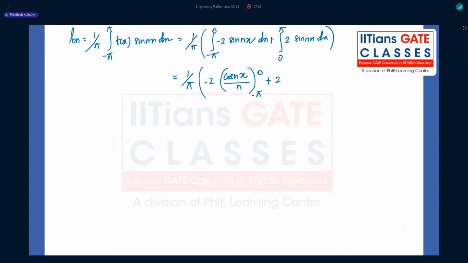Integration of sine is minus cos. So here in the first term we have to make it plus 2 cos of nx divided by n. Limit is minus pi to 0. And then the second term, integration of sine nx is minus cos nx divided by n. So I have to write the minus here, and here we can write cos of nx divided by n. And the limit is 0 to pi.